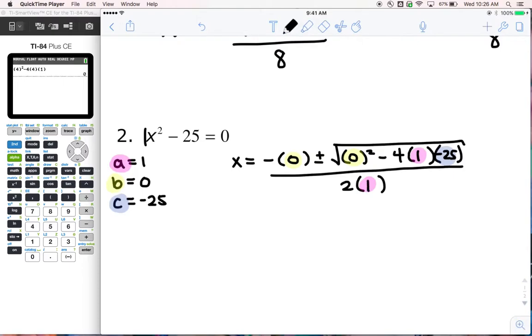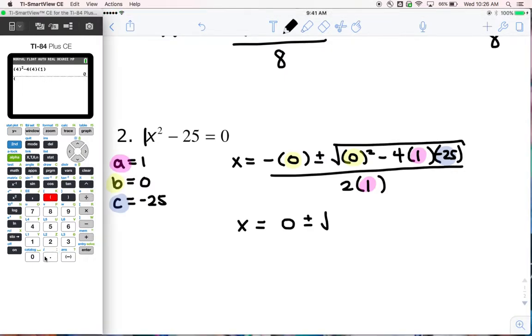And now we just got to clean it up. Okay, so half the battle is just filling those things in. So here we go. We got x equals, well, what's negative 0? Well, that's stupid. It's just 0, right? Makes no sense. So we're just going to say 0, which honestly you don't even have to write. But I want you to write it because I don't want you to forget to put the plus or minus. And then let's see what we have in here.